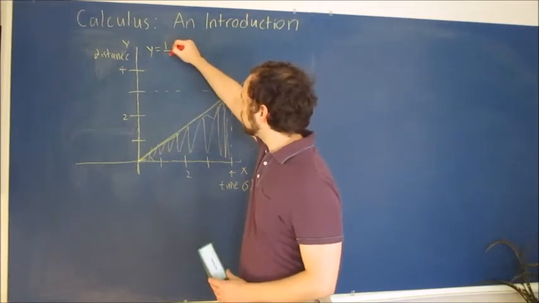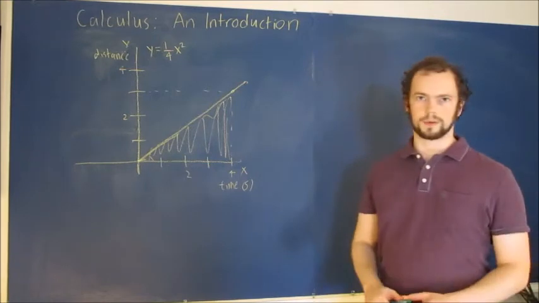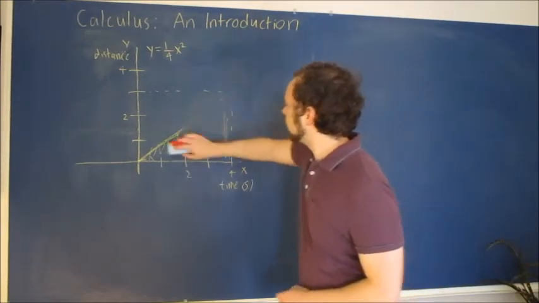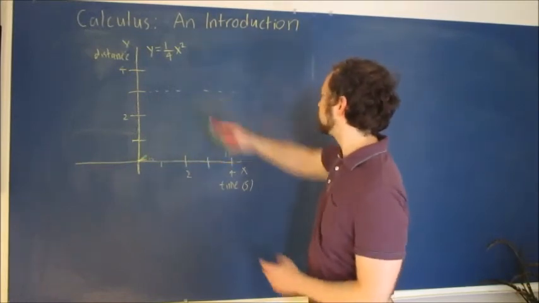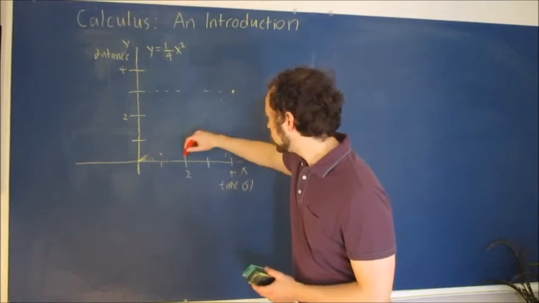This time, let's consider the function 1/4 x squared. This graph is not going to be a nice straight line. I'll just graph it out really quickly here.